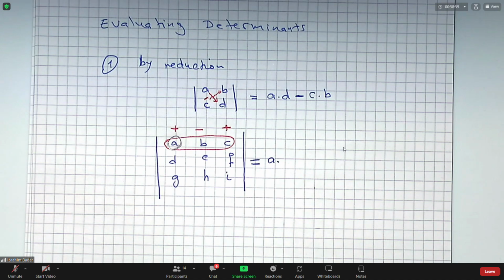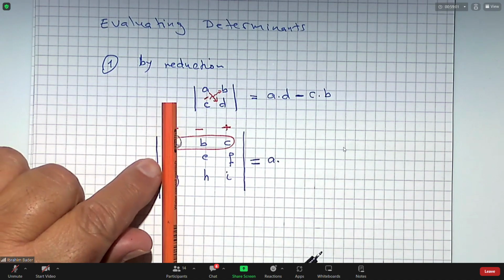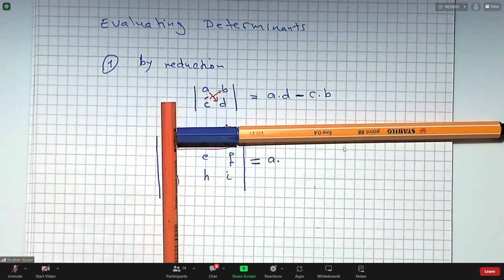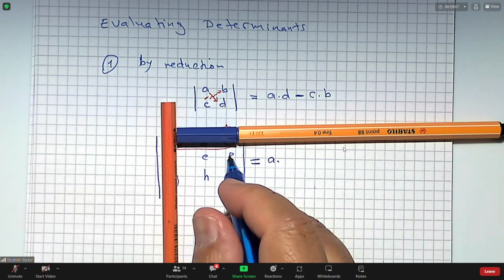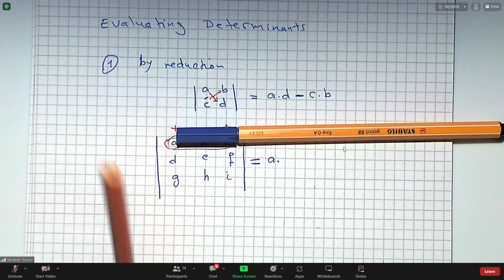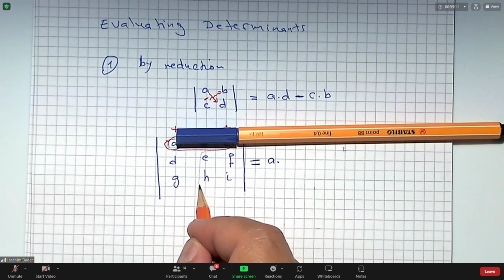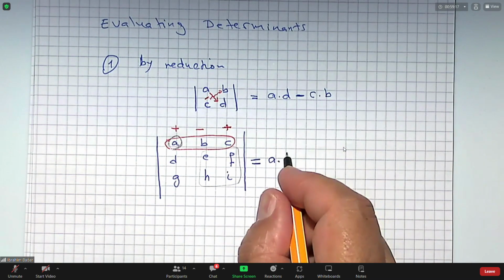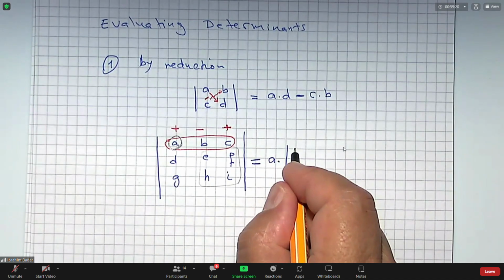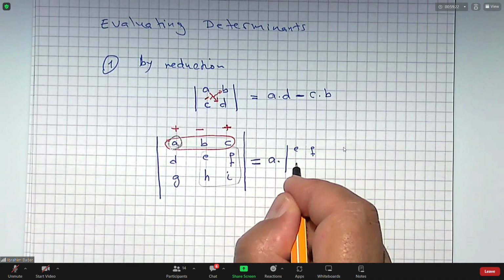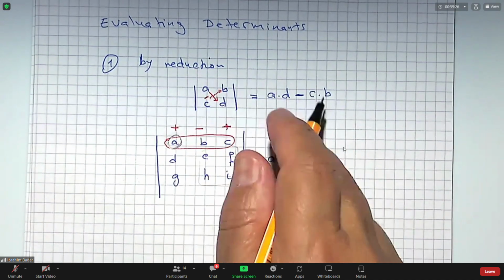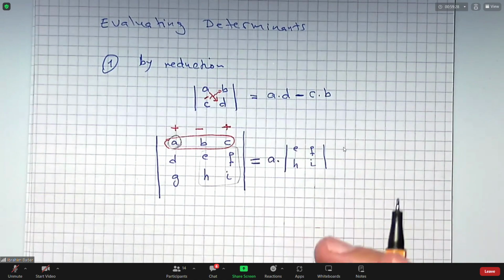That means here I'm going to eliminate this row and this column, and I hope it's clear for everyone that we are left with this determinant here. So as you see here, in this step from a 3 by 3 determinant, we are left with E, F, H, I, which we can evaluate using this formula here, okay? So it's only one step.